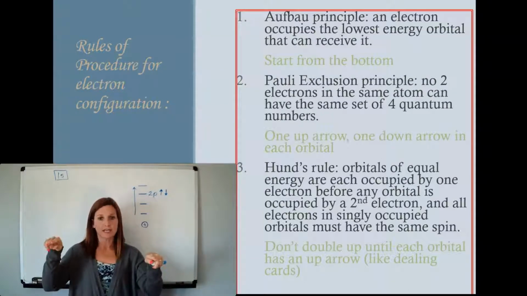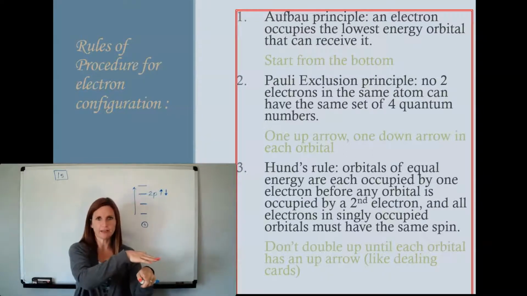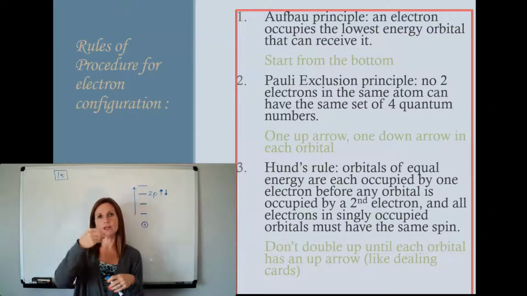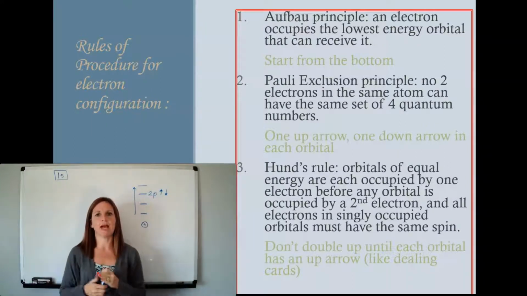But if a third person has to stay in the room, then we double up, right? And if a 4th person, then we double up the other bed. We don't want to fill up our spaces unless we need to. In Hund's rule, we're going to want to put 1 electron into each space until all of the initial spaces are full, and then we add doubles.